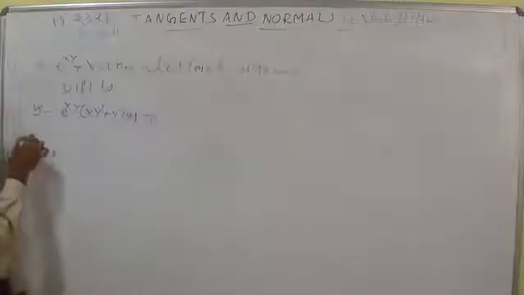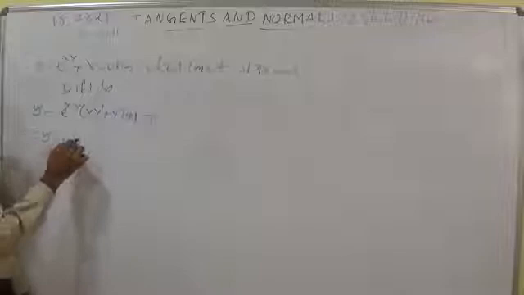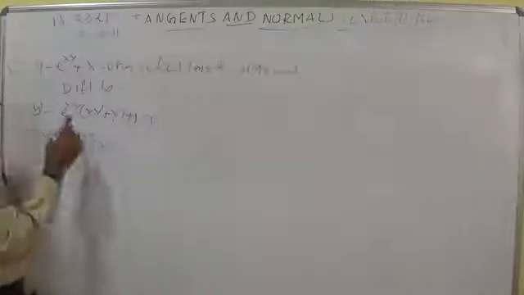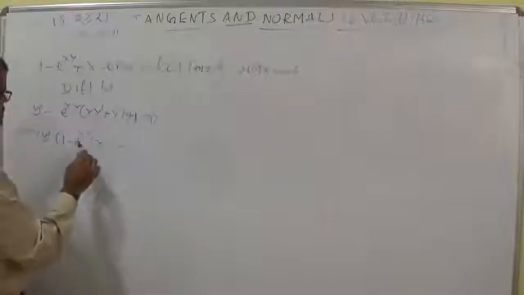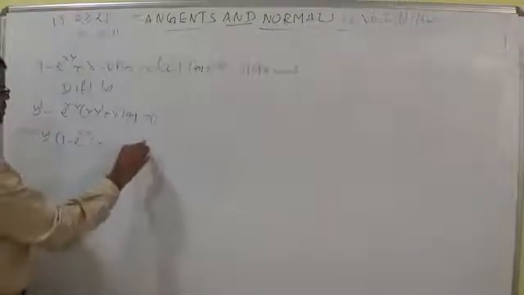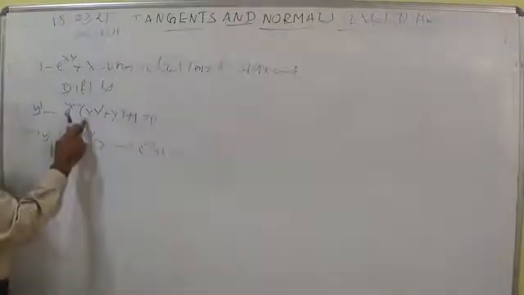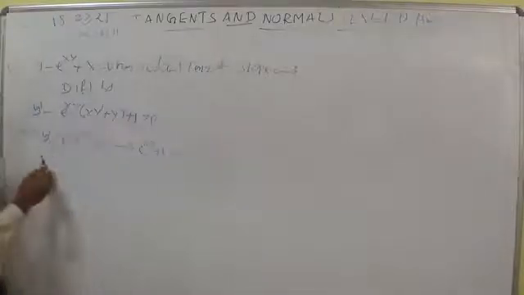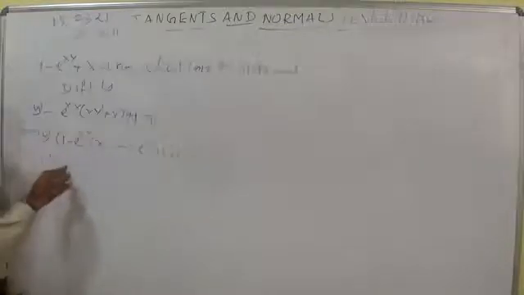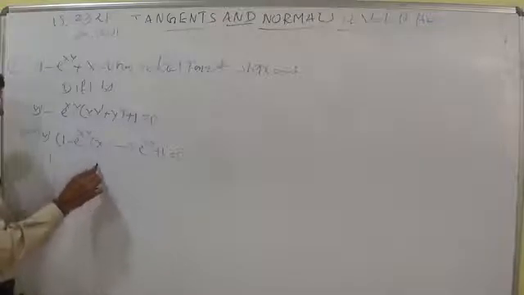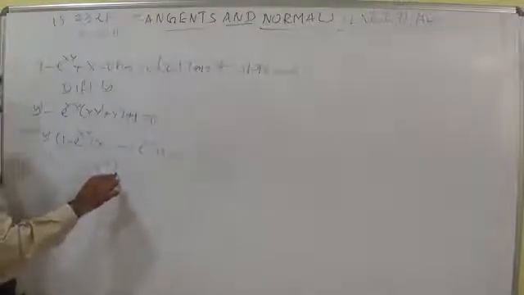That implies y dash into 1 minus e power xy into x, y dash taken common, minus y into e power xy plus 1 equal to 0. y dash is equal to that letter taken that side. We can write this one as y e power xy minus 1 whole by 1 minus x e power xy.